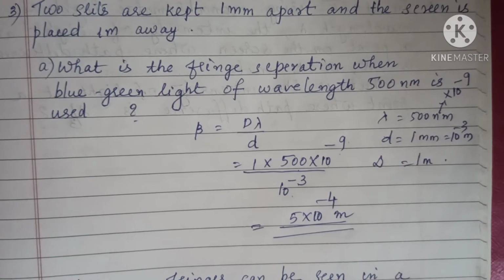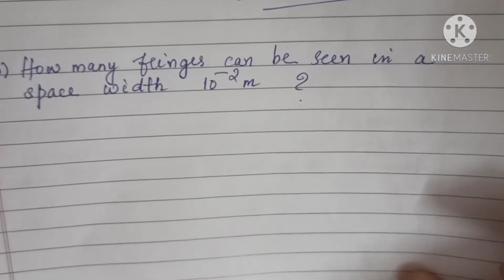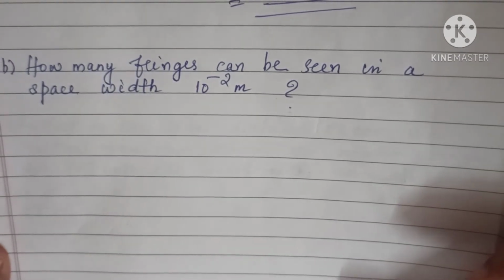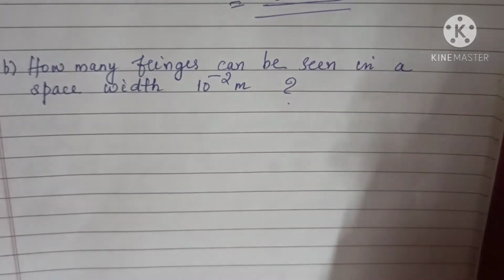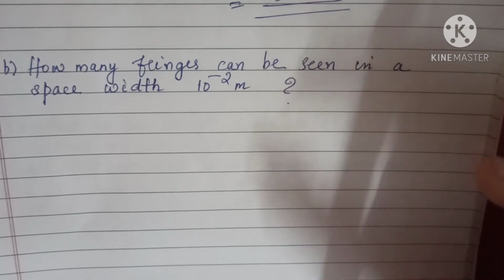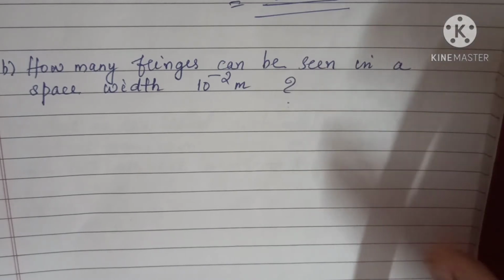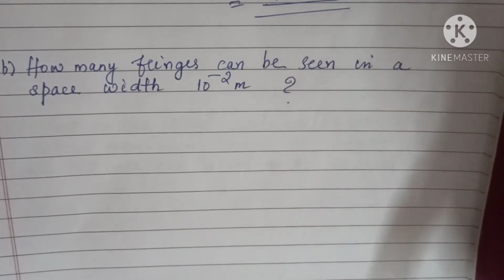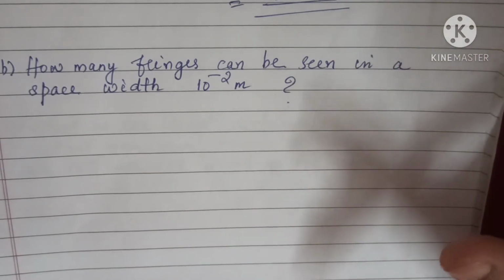Now the second part of this question is, listen, how many fringes can be seen in a space width of 10 power minus 2 meters? In this question you got the fringe width. Fringe width means the separation, the distance between two consecutive bright or two consecutive dark fringes. That is what is called fringe width, isn't it? And it will be the same, no? Even if it is dark or bright, the value is the same because all have equal width.